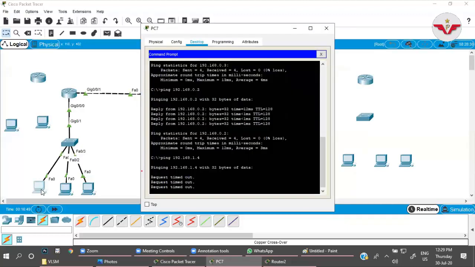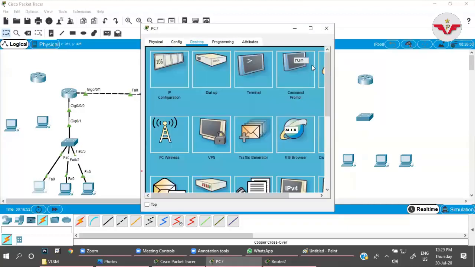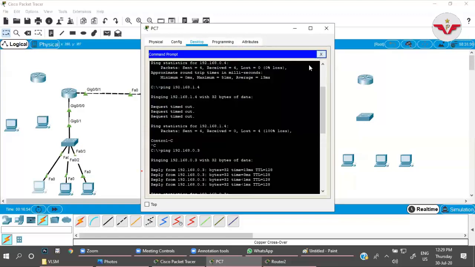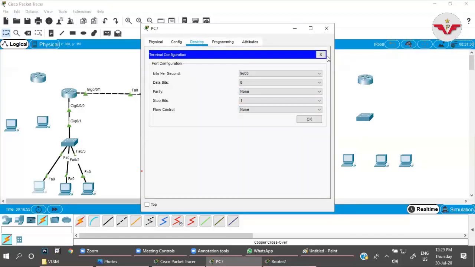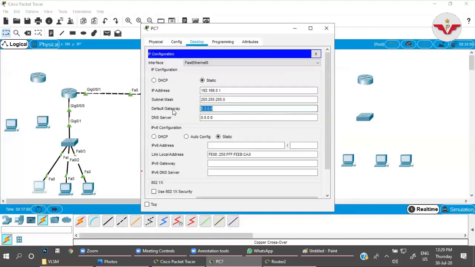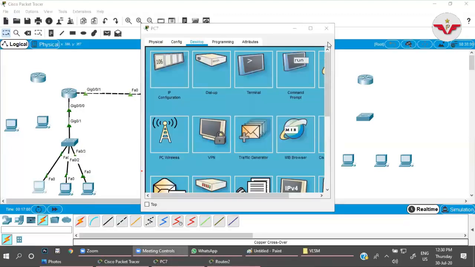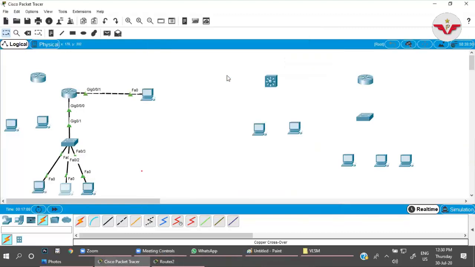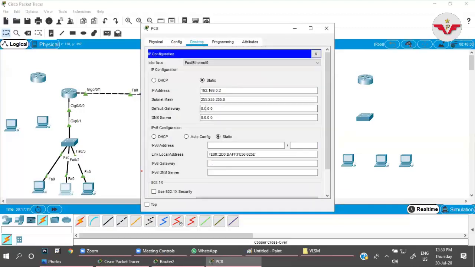So I'm going to the PCs and providing the default gateway here, 192.168.0.10. For this network, for all three PCs, the default gateway would be 0.10. For this PC also the default gateway would be 0.10.